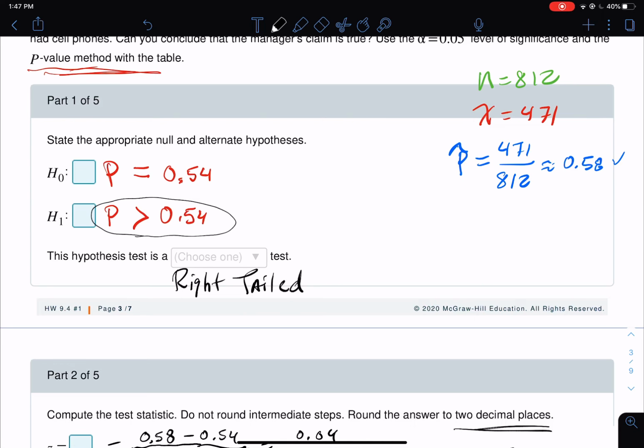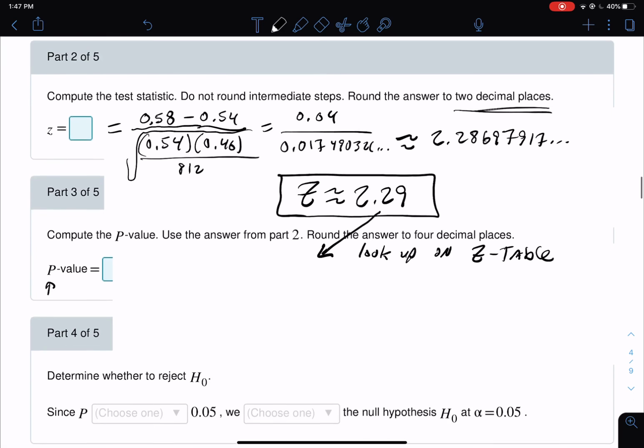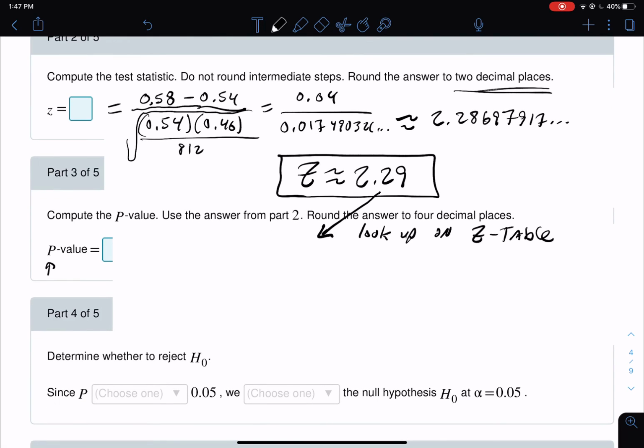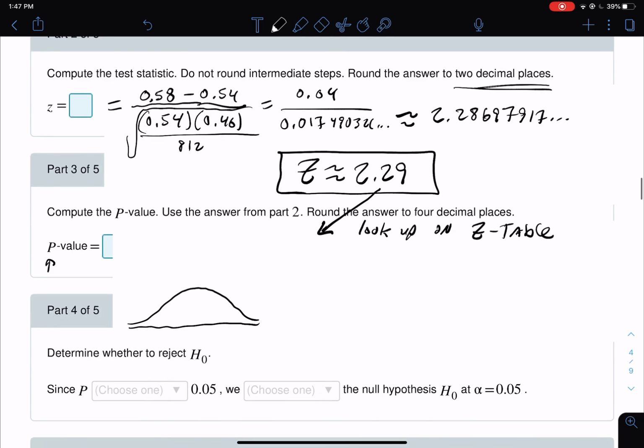A right-tailed test looks like this, and this is what we're looking for right there. This is the p-value, and the p-value is the area under this curve that comes from this z-score.